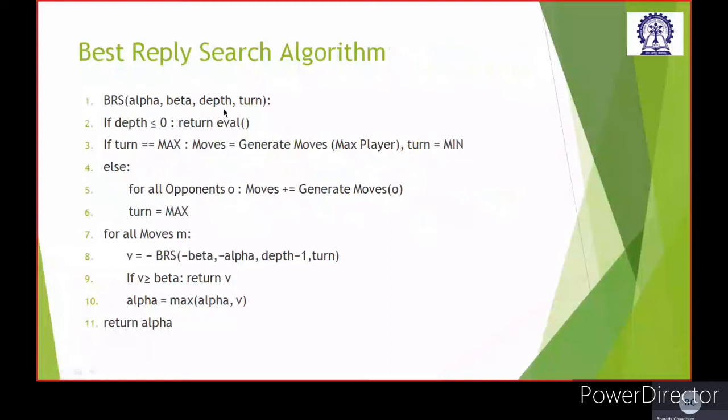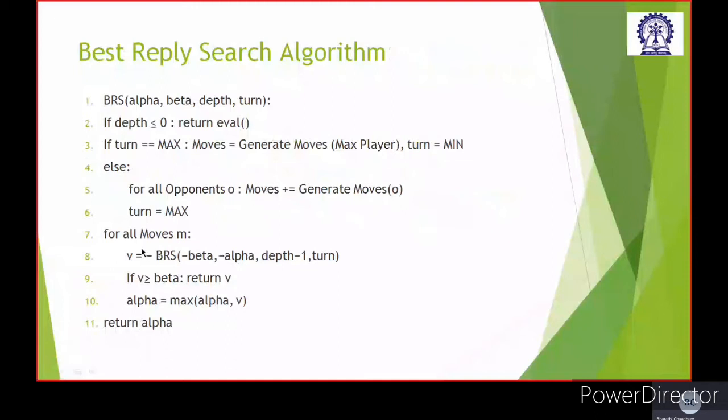For the max player, all possible moves are generated, and for the min player, all possible moves for all the opponents are generated. And for all the moves, the value v is returned with a negated sign, and with the negated signs of the beta and alpha values.